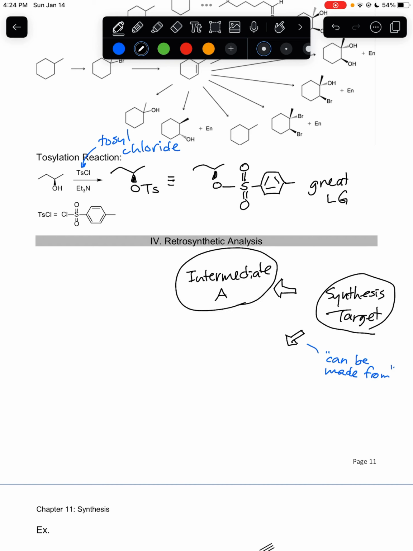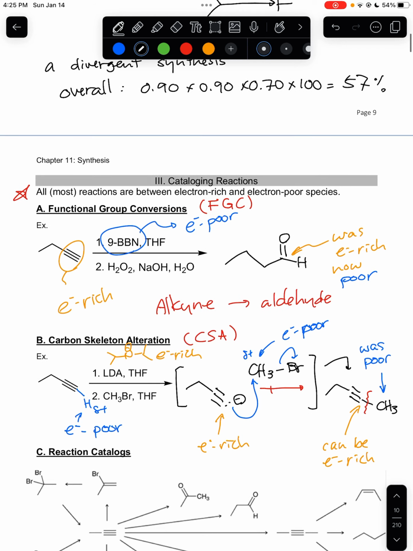On the other hand, you might be able to come up with a way to make the target from some other compound, intermediate B. So we have thought backwards, right? You do that by undoing the molecule, this idea of dissection.